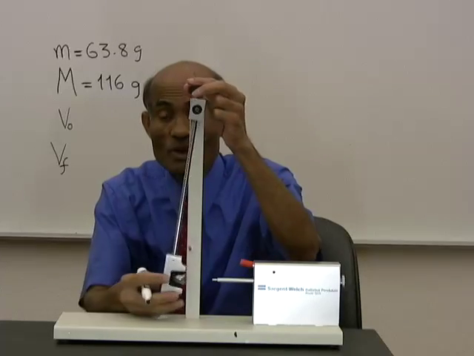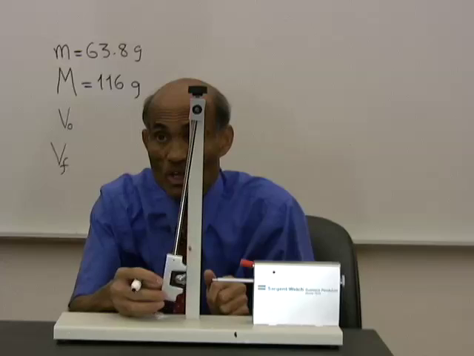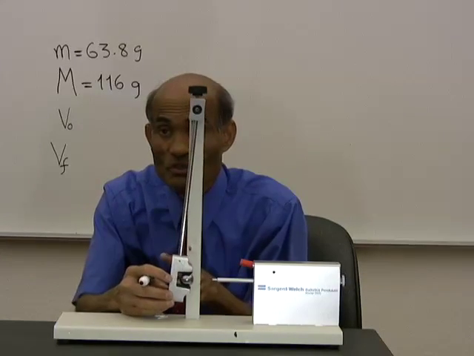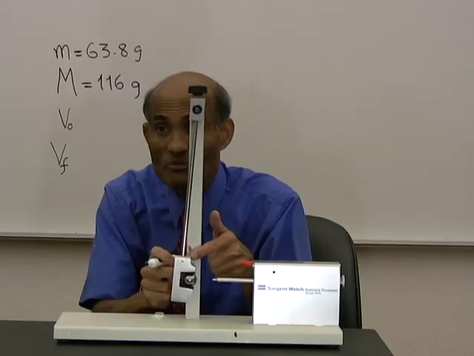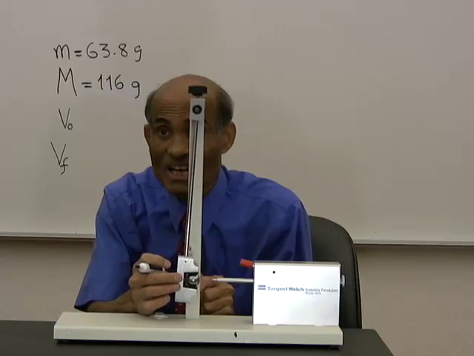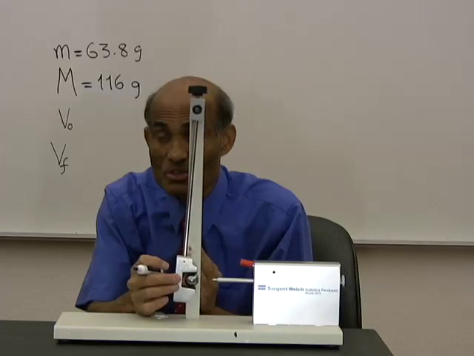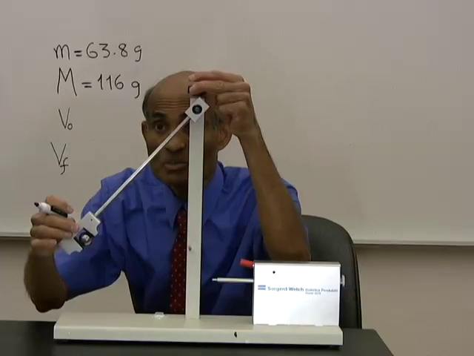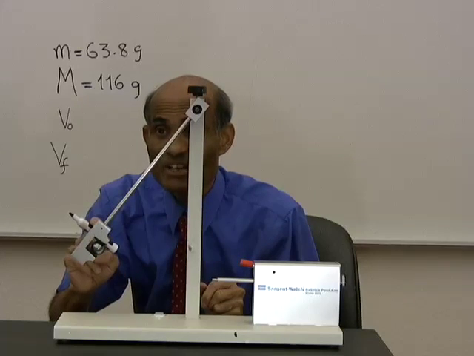That means with that velocity, the system will climb to a height h. The system means the pendulum plus the ball. The pendulum plus the ball has kinetic energy just at the instant when the collision occurs, and all that kinetic energy gets converted to potential energy when it climbs to a height h.